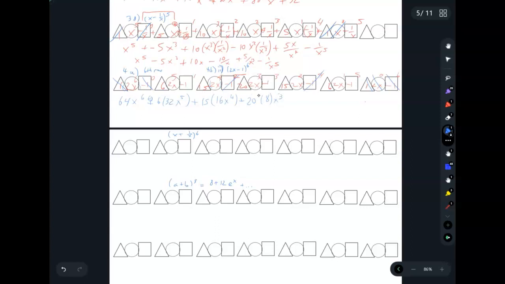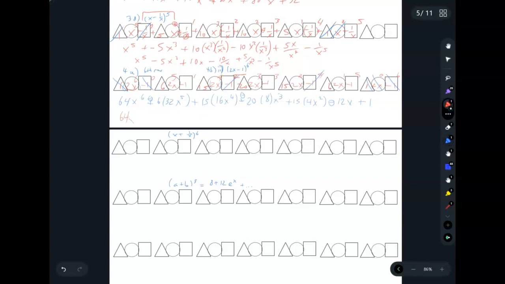And then negative 1 cubed would be a negative sign. And the next one would be 15 times 2 squared x squared, which would be 4x squared. And the next one, the negative 1 to the fifth, would just be a negative sign, right? And then 6 times 2 would be 12x. And the last one, everything's 1, so it would just be plus 1. Sorry, I didn't put the plus signs again, didn't I?